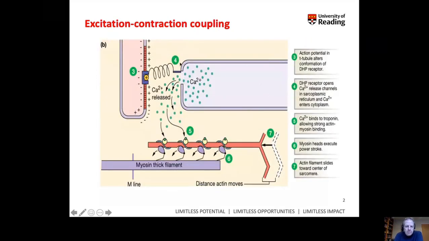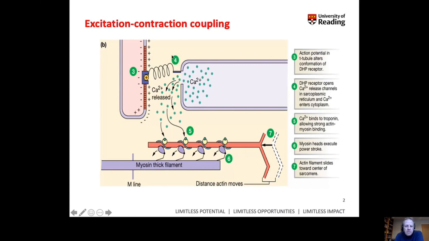Focusing in a little bit more on steps 3, 4, 5, 6 and 7. The action potential spreads down the T-tubules and alters the conformation of this protein here. This is the dihydropyridine receptor. If you're interested, it's called DHP, dihydropyridine receptors, because dihydropyridines are drugs that bind to the receptor, things like nifedipine, amlodipine, that you'll hear about in other parts of the course.